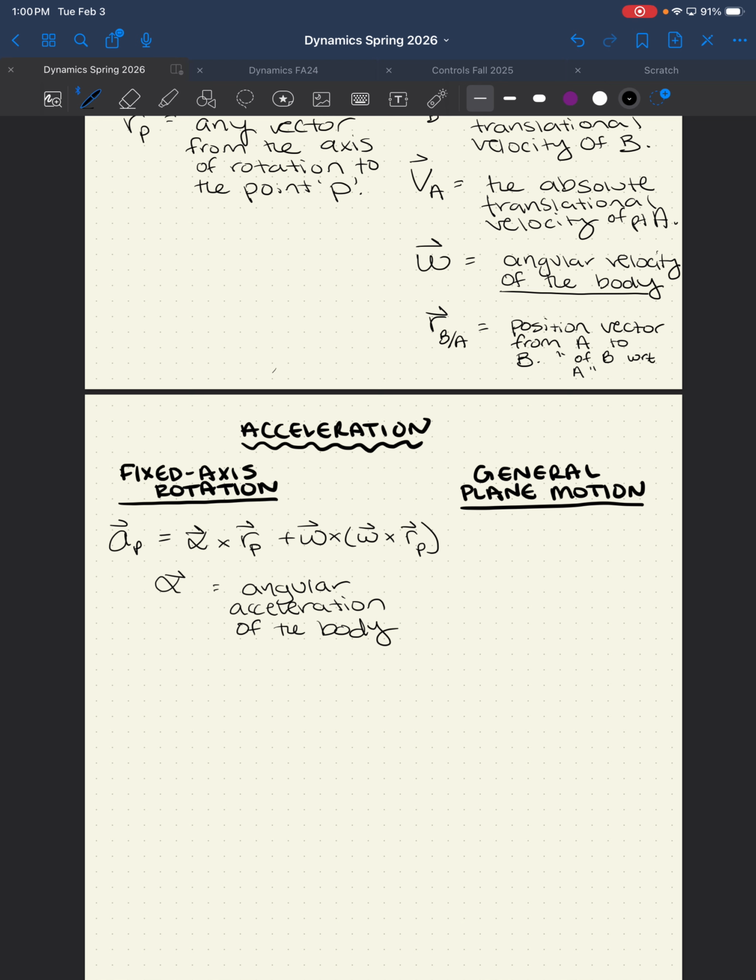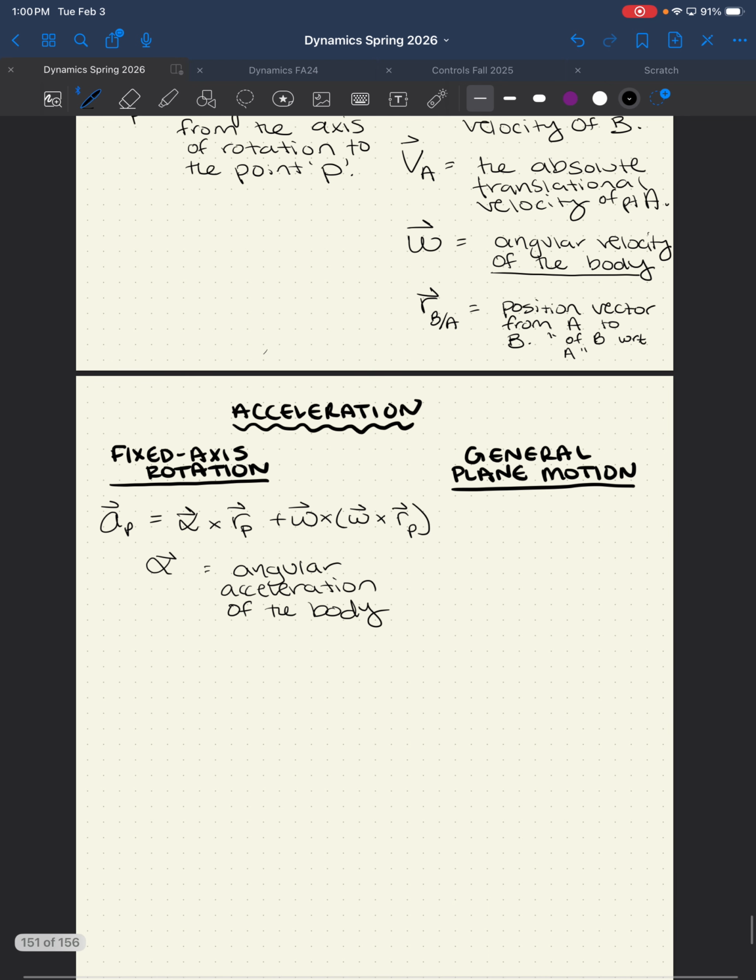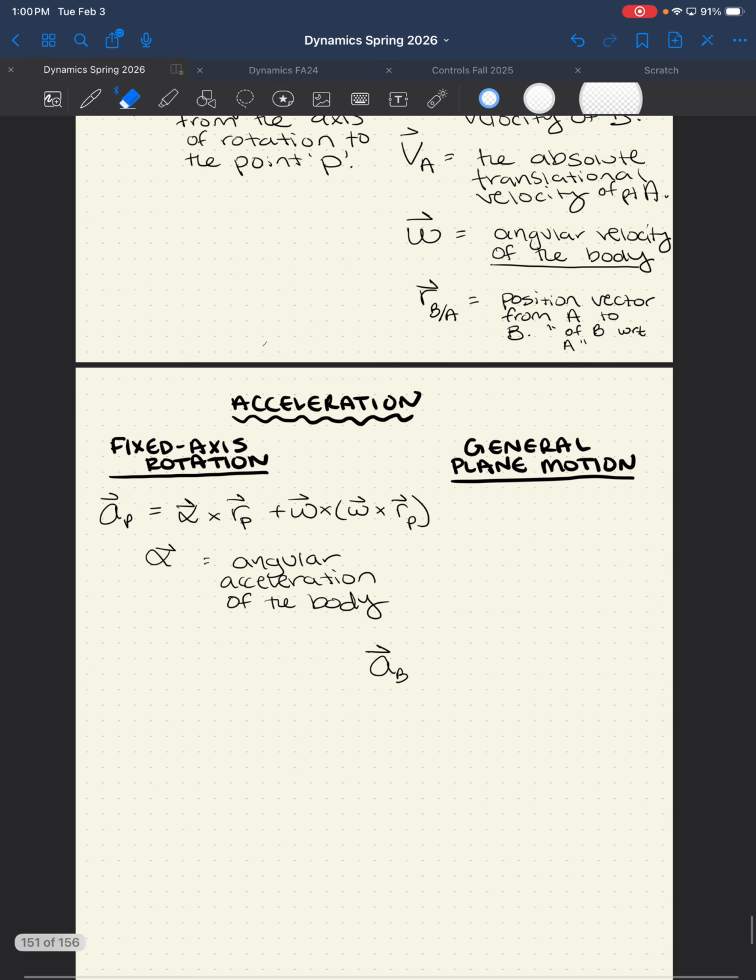Okay, general planar motion, acceleration. I'm running out of room here, so I'm going to do it way down here. If I want to know about the acceleration of some point B, and I know about the acceleration of some point A, I'm in luck.